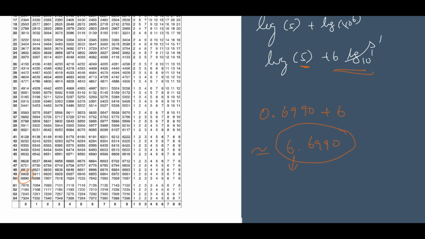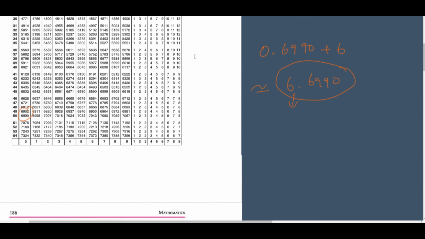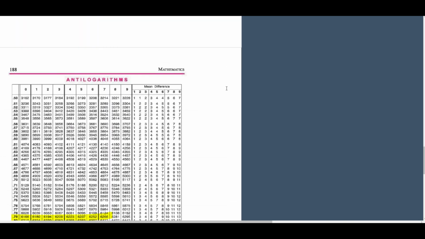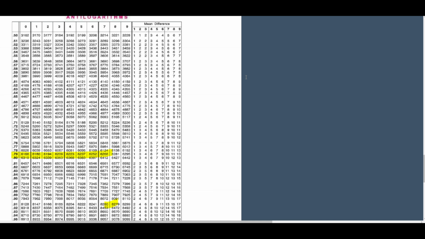When you are going for the antilog, we will cross check it here. 6.6990, this is my number. Just I am going for the antilog. So 6 is there, means we have to represent 10 power 6. So you have to focus 69, where is my 69 here.